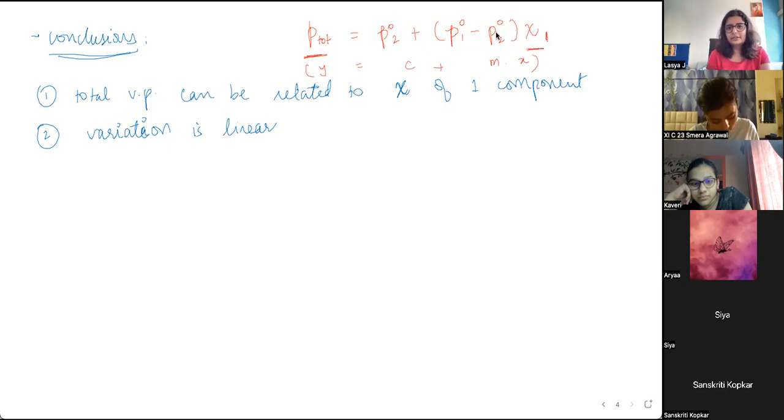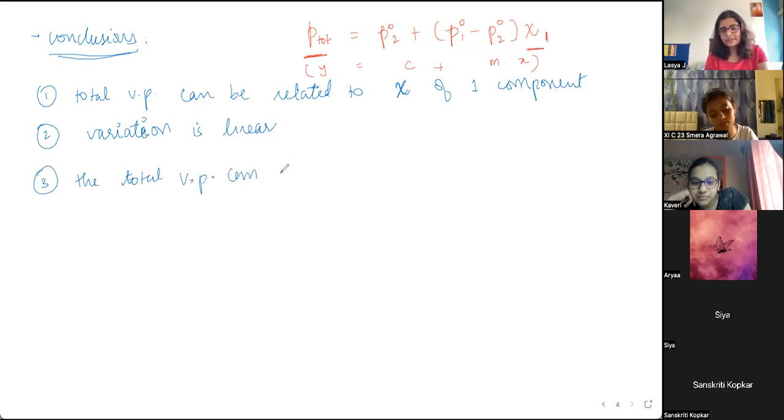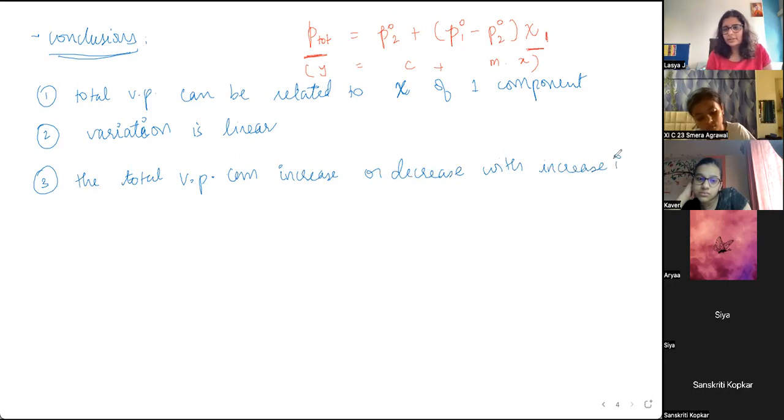And the third point is the total vapor pressure can increase or decrease with an increase in the mole fraction of component 1.